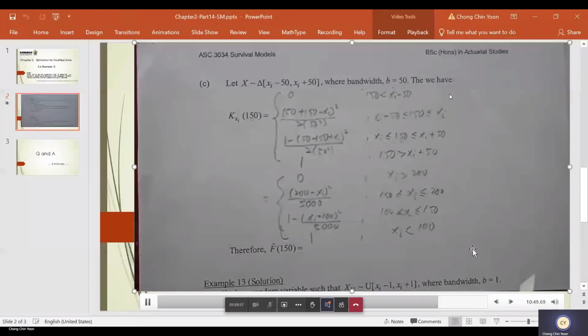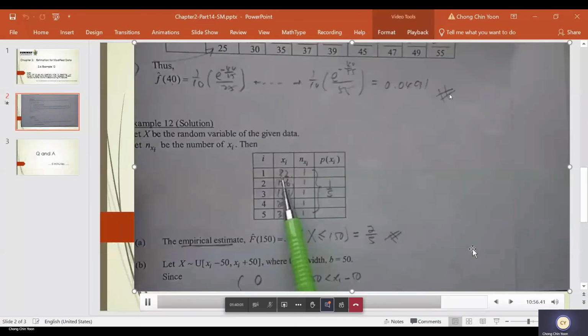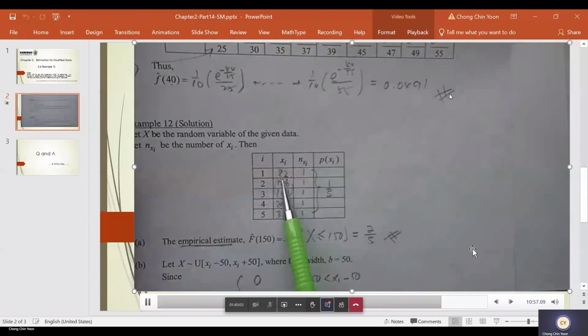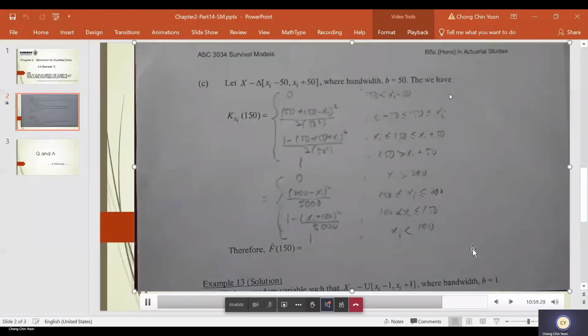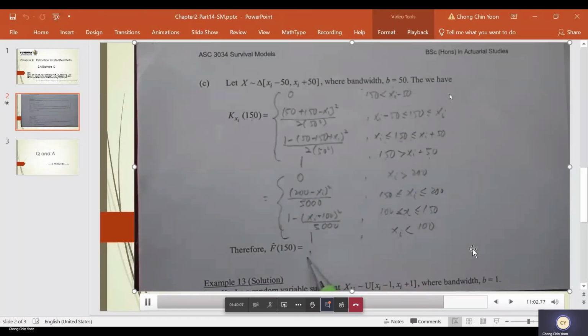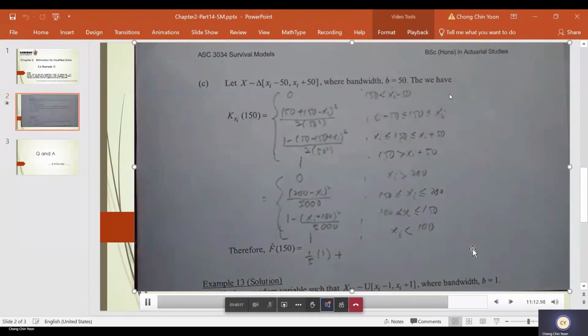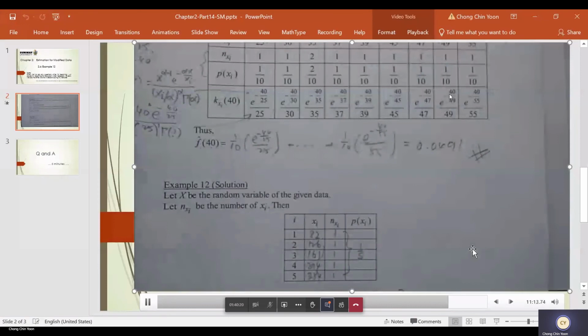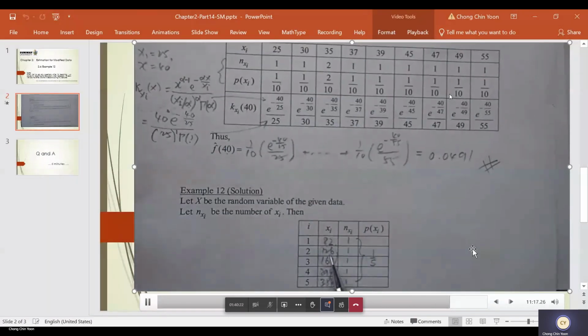For xi less than 100, we have one value, so this will be equal to 1/5 times this k value, which is 1. For the range between 100 and 150, I have one value, that is 126.